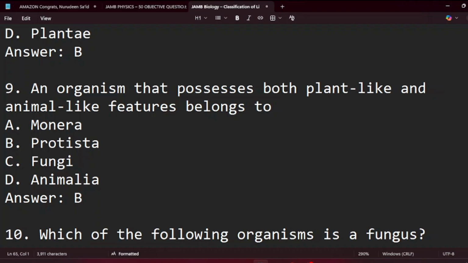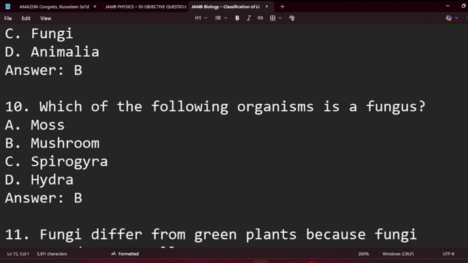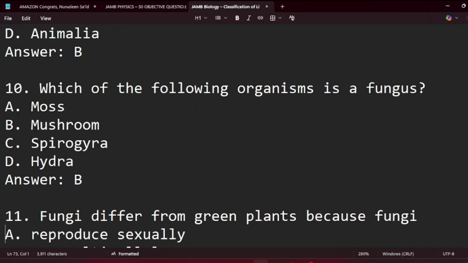The answer is B, which is Protista. Question number 10. Which of the following organisms is a fungus? A, moss, B, mushroom, C, spirogyra, D, hydra. The answer is B, which is mushroom.